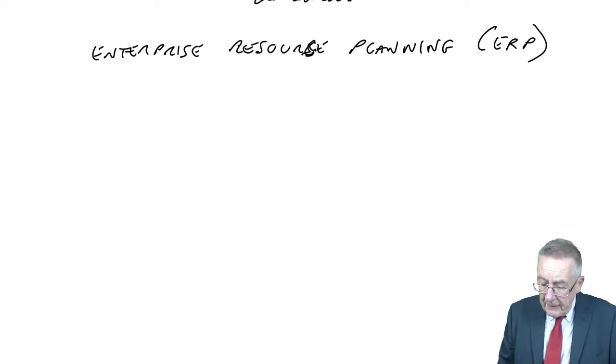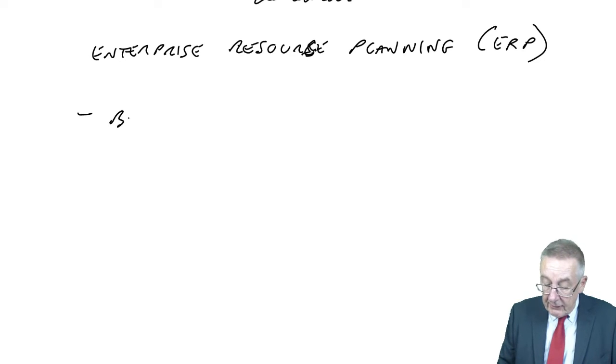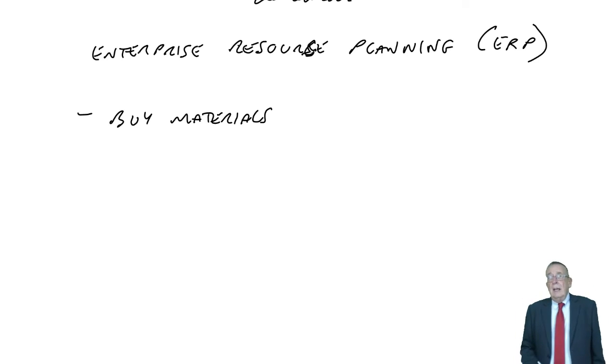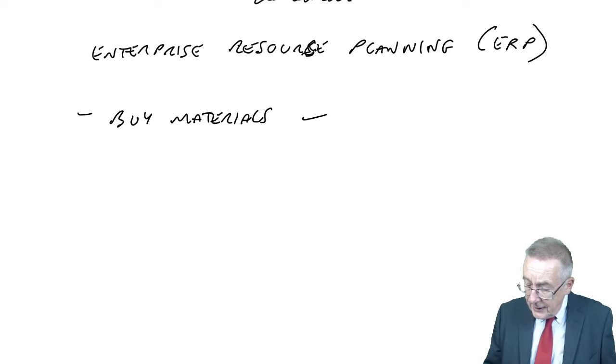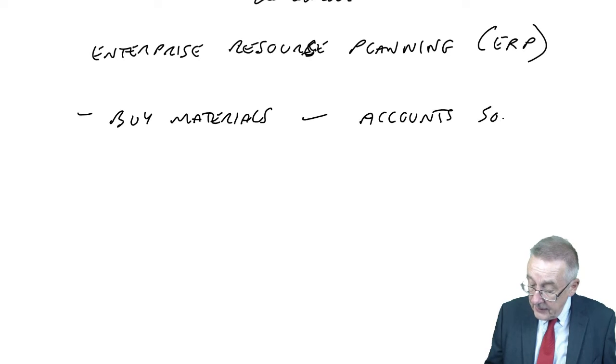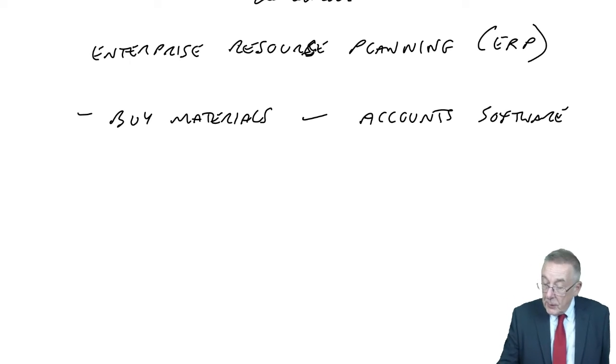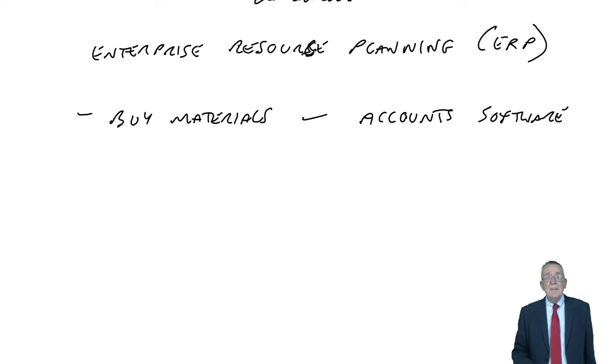So for instance, if we buy materials, well, clearly our accounts department will have to enter it. So the accounts programs, software, they'll need to enter what we bought and how much it cost.